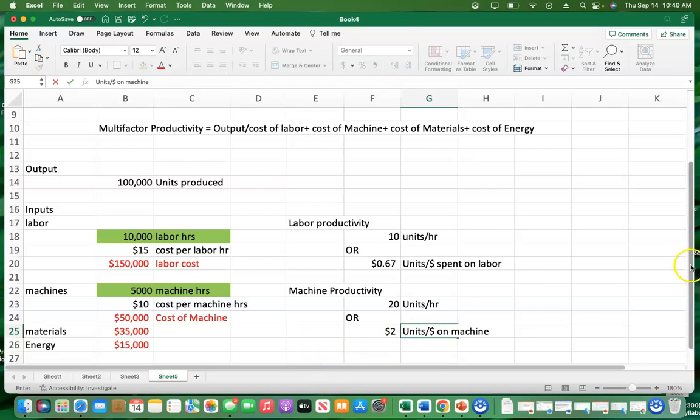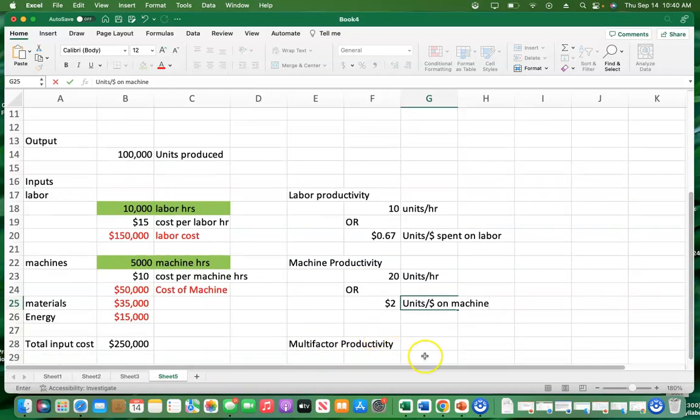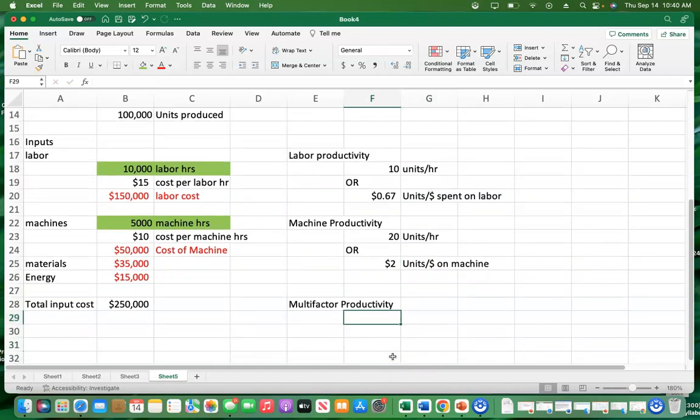And finally, we are supposed to calculate multi-factor productivity, and therefore, in this case, remember we have the total input cost and the total output. And so we will put an equal sign, and then we'll take the total units produced divided by the overall cost of input when we add all of them.